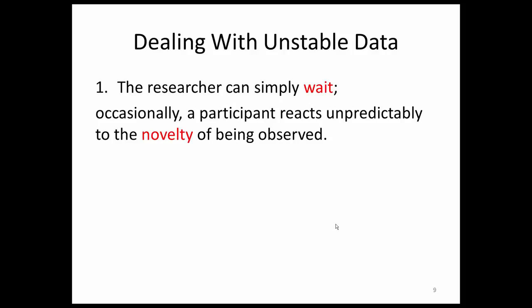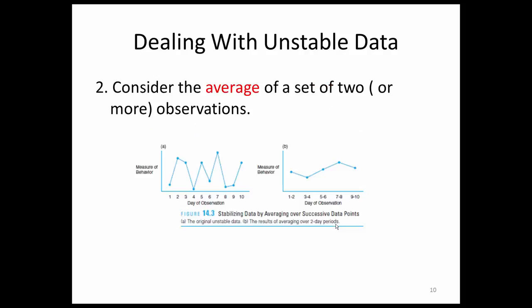One is just waiting. Occasionally it happens that students show unstable data in the first few days of observation, and then after they get used to this environment or the situation, their behavior or their performance becomes stable. The other method is to consider the average of a set of two or more observations.